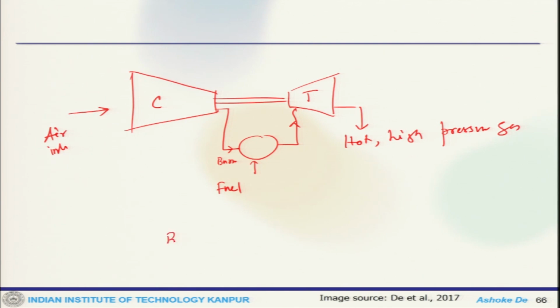This is your burner, you have fuel inlet, fuel goes in, this is hot high pressure gas, this is your air inlet. This is a simple schematic of a basic gas generator.